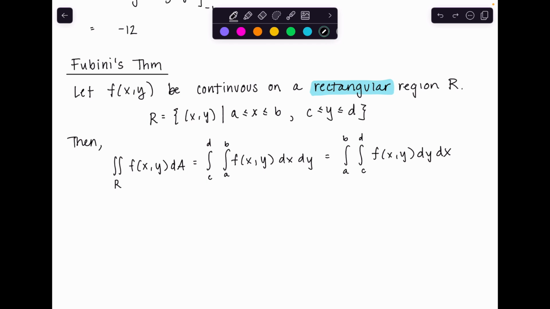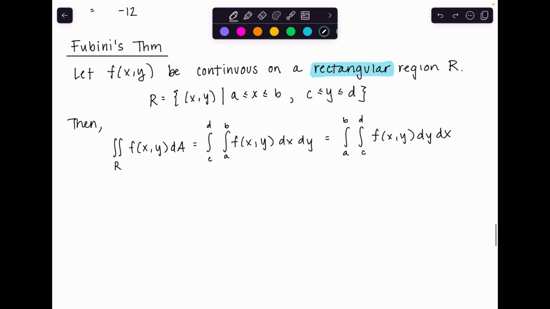Okay. So to show you that for a rectangular region, we absolutely can do this, I'm going to do an integral two ways. I'm just going to switch the order. And again, it's completely up to you which one you pick. In some instances in the future, one way is going to be more preferable than the other. But at least while we're starting out, the order isn't too significant.